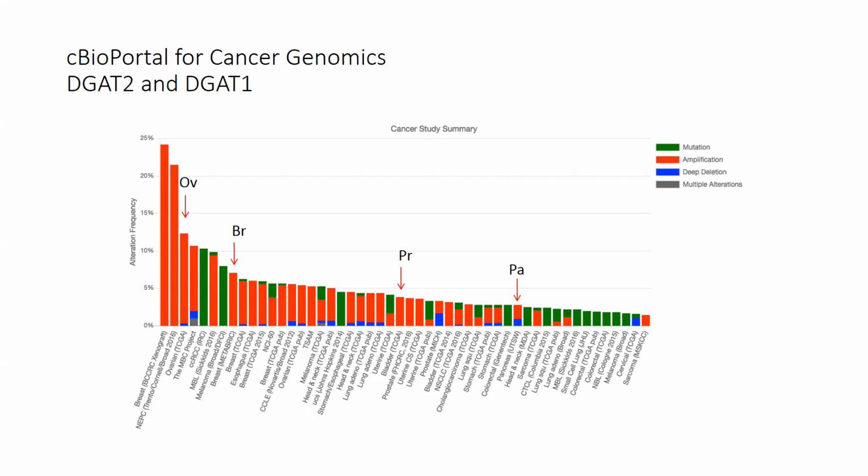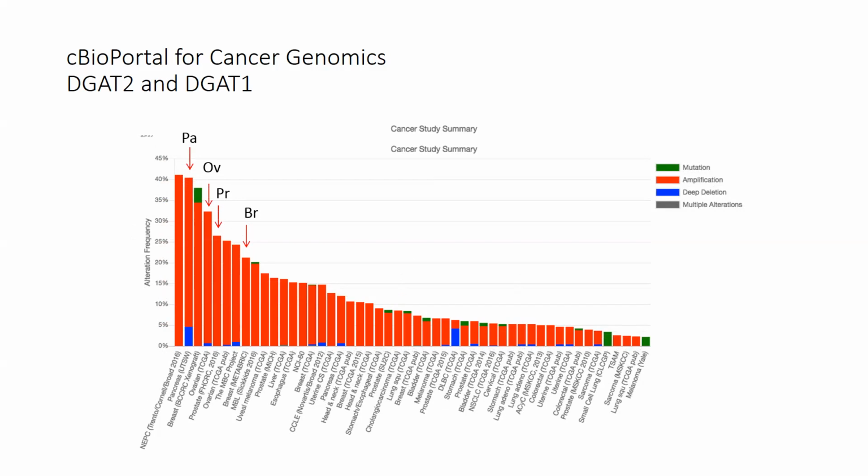And I outlined ovarian cancer, breast cancer, pancreatic, and prostate. These are all cancers known to have lipid droplets in them. And there are data in the literature to say cancers that have lipid droplets in them are much more aggressive. So we were interested in breast cancer in our group. And so we also looked at the other DGAT, which is DGAT1, and this is even more amplified. And in all of them, the first amplification is from a xenograft cell line of breast cancer.